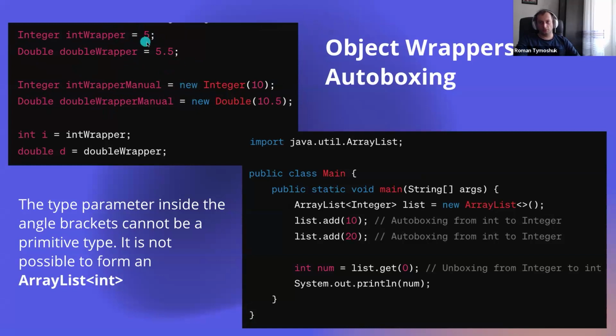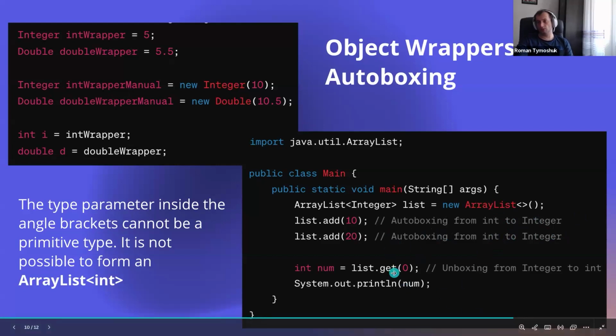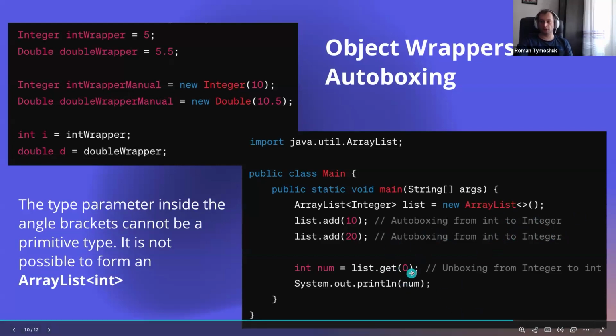Here is a primitive type. Here it's actually an object. And we can easily convert it back and forth from the primitive to object, and vice versa, if needed. And if you are working with an ArrayList, for example, and put in a number as a primitive, it will work. So it autoboxes from int as a primitive type to Integer. And unboxing: here we are just getting the first element of the array.